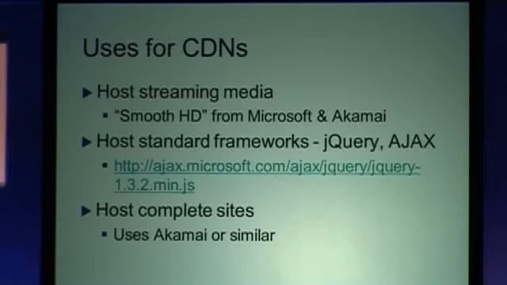The other type of CDNs are around hosting standard frameworks. So if you're using jQuery or Ajax or whatever, you don't have to serve those files from your servers. You can serve those from the Google API stuff or the Microsoft CDN stuff. And what that will do is have two effects.